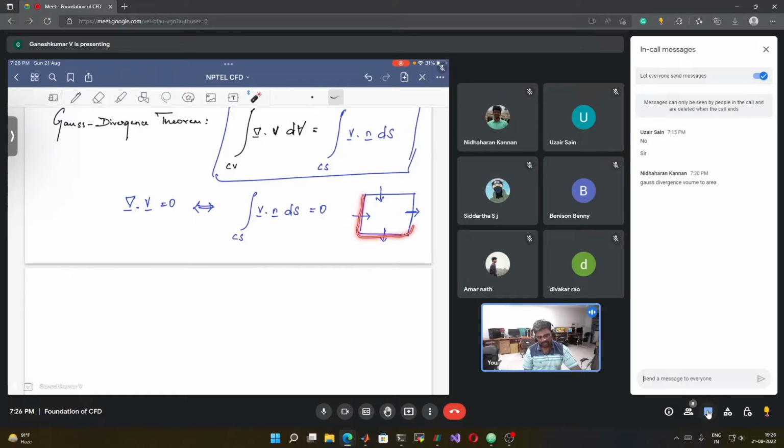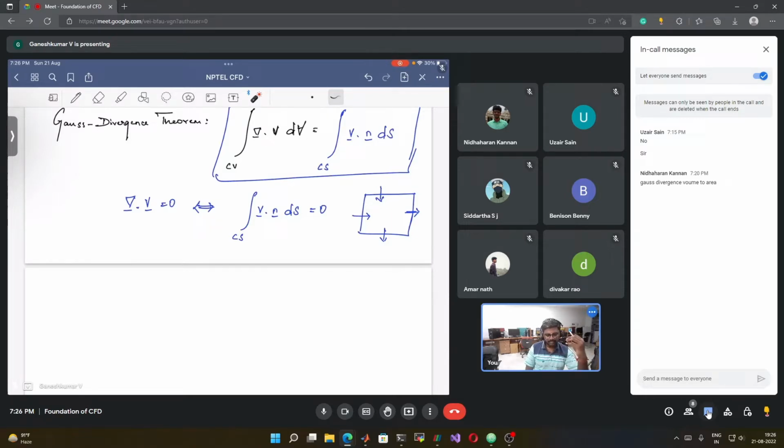Let's say if this is a control volume, the fluid will enter at this surface and leave at this surface. I'm not talking about one control volume, I'm just generally talking about a physical domain. Any physical domain, fluid will enter from one surface into that volume and it will leave at some other surface, right? So that is how the physical fluid flow problem is defined.